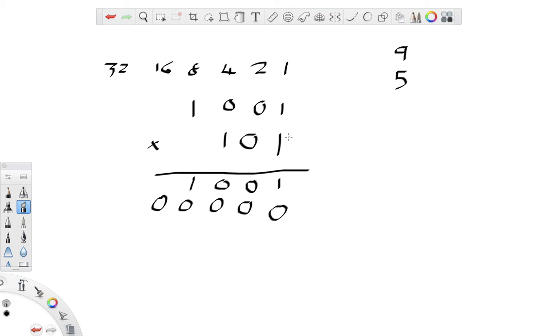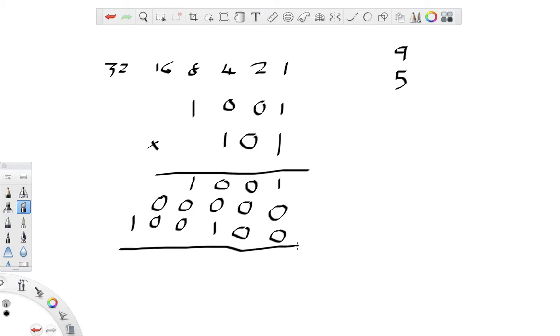And then when we multiply this 1, we've got to add the 2 zeros. So just like we would with normal column multiplication that we're used to. So then we'll be doing 1 times 1, which is 1, 1 times 0, which is 0, 1 times 0, which is 0, and then 1 times 1 at the end, which is 1.